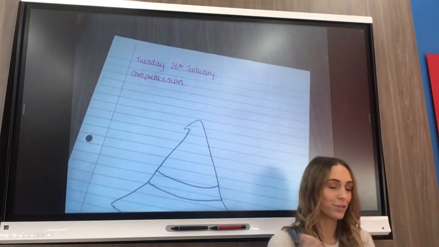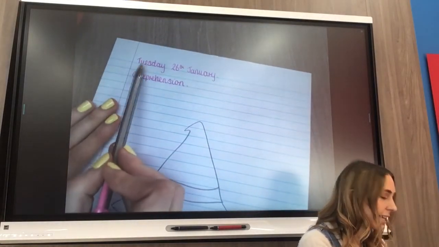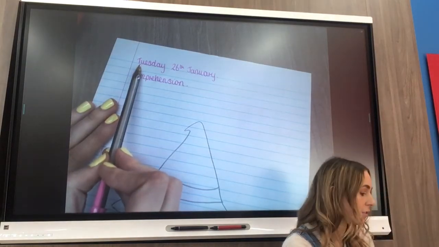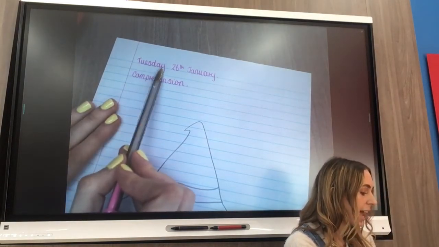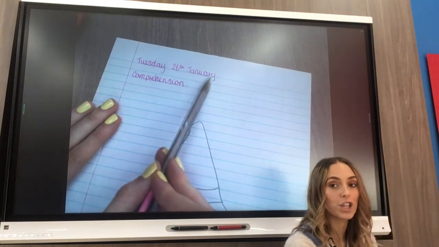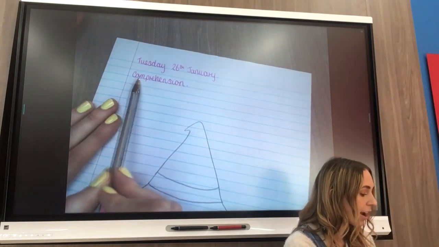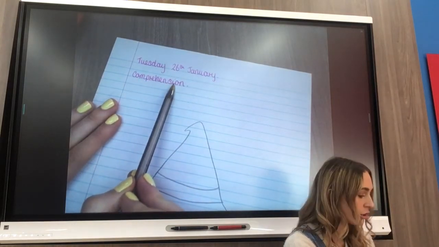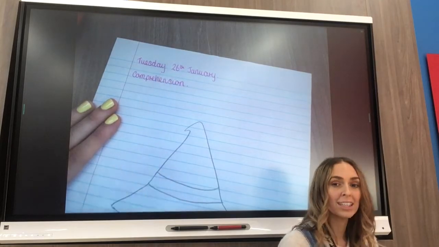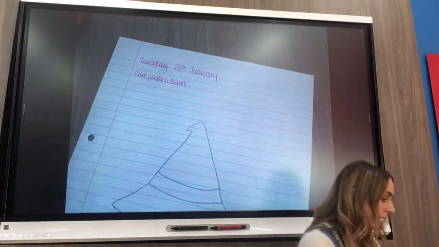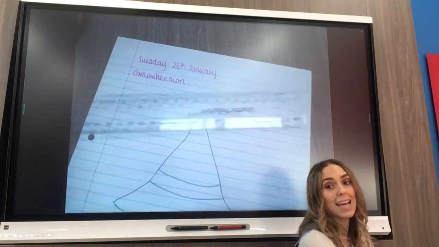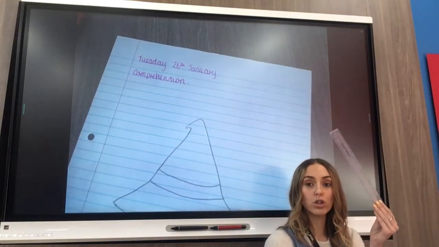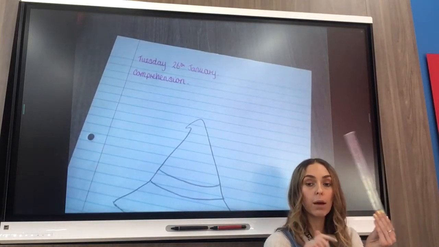And what I've done is I wrote my date in my neatest joined up handwriting. Tuesday, the 26th of January. And I wrote comprehension, not on the next line, but on the line after to make it look really neat. What I'm going to get is my ruler. So if you've got a ruler at home, hit pause and go and get one now.